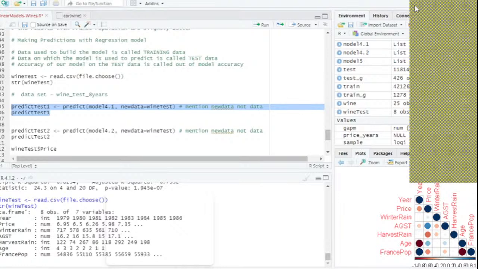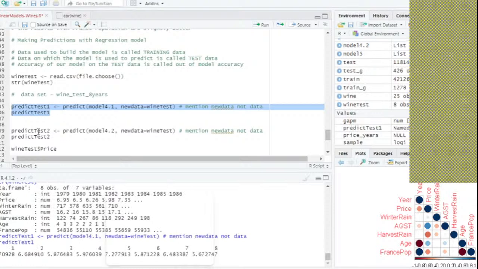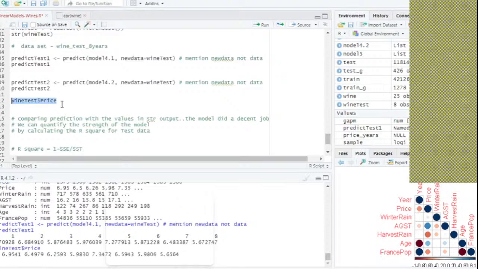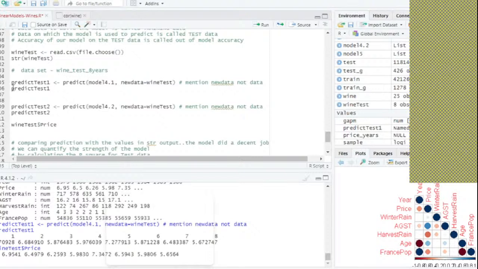And if I predict this, I get some values. Let me also get the actual values. Run 205, 206, and then run line 212.